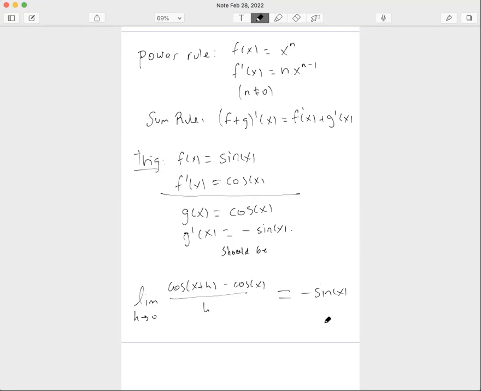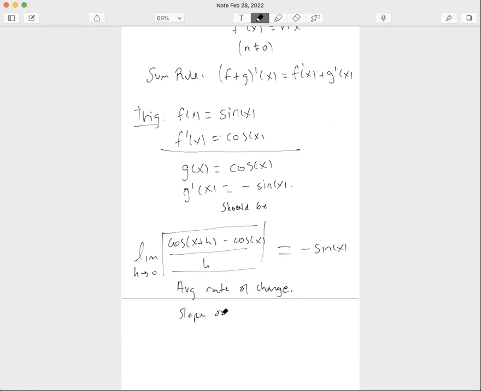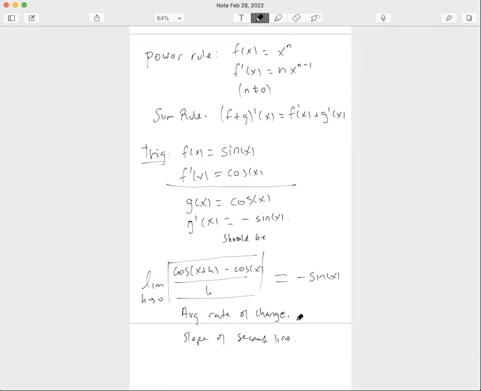It comes from something very physical: this is average rate of change, and this is the slope of the secant line. If you focus too much on memorizing what the derivatives are, you lose the intuition, which is very important when we actually solve word problems and understand what the derivative is.